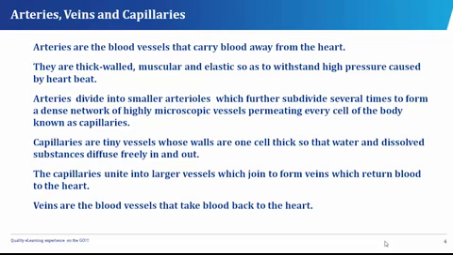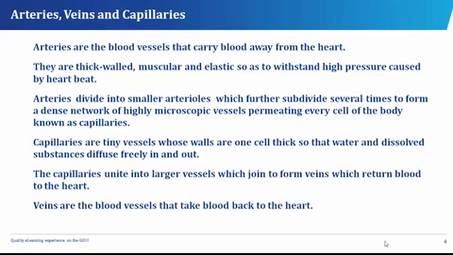The pressure with which the heart is pumping the blood will rupture that vessel. So that is why the arteries are modified in such a way that they are thick enough to withstand that high pressure with which the heart pumps out blood. While the veins, on the other hand, are thin-walled because they are bringing blood to the heart, and the blood that is coming back to the heart is at a low pressure actually.